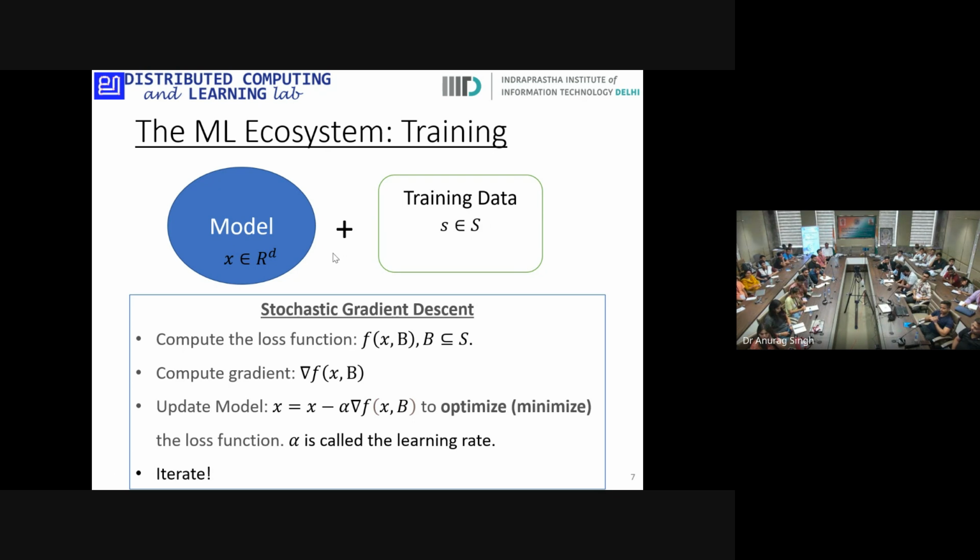So you have a state of the model, and your model is a d-dimensional vector. Initially, let's say it has a state x0. You do one pass over the data, and after one pass you have x1. You start from there, do another iteration and another iteration. Therefore, it is called an iterative optimization procedure.